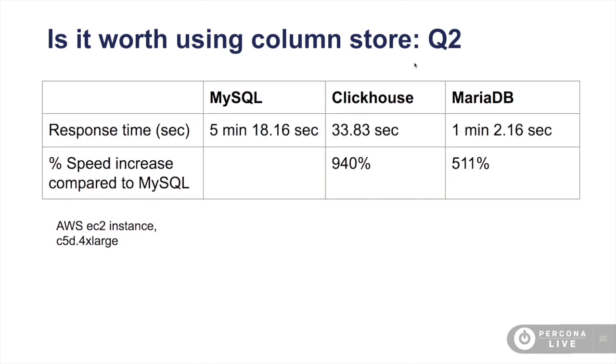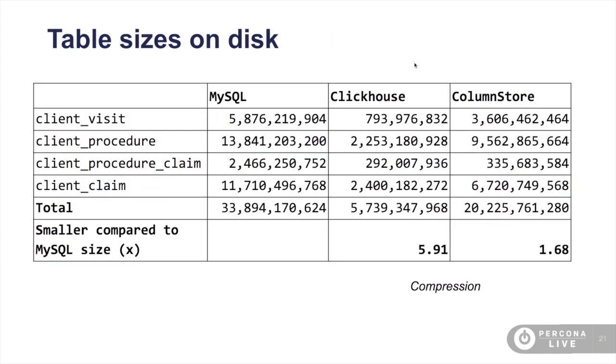All right, so we can see a significant performance increase in using the ColumnStore. Now, it also helps with decreasing the size on disk. Column-oriented databases usually use compression, and with the compression, we can see a substantial decrease of size on disk.